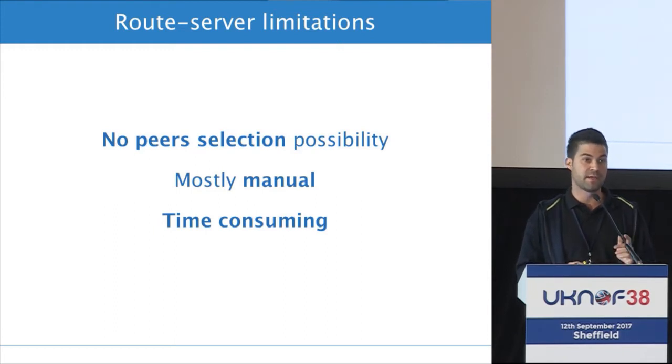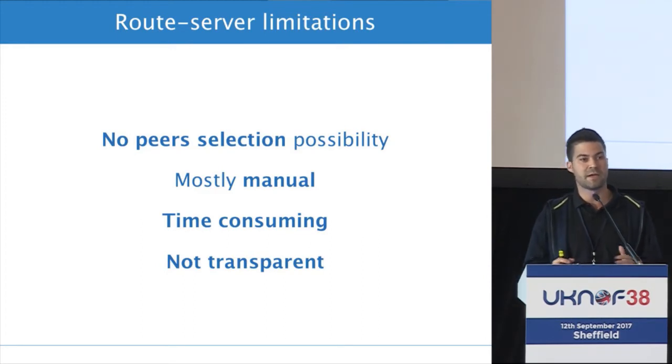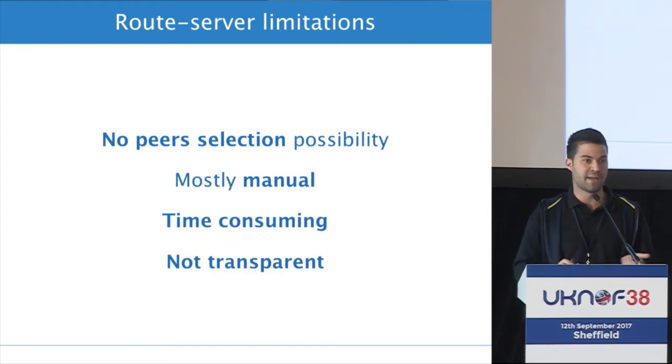And most important, it's pretty error prone, as all the manual stuff. On the side, there is the fact that, from what I could see, route servers are often seen by organizations as kind of black boxes. They have no real idea what's going on inside them, how they are configured. So that in general is not something inspiring trust in joining something.